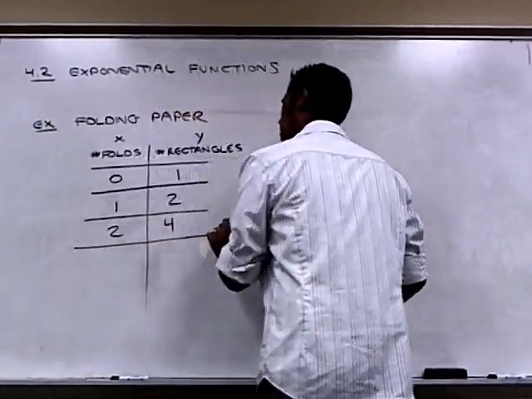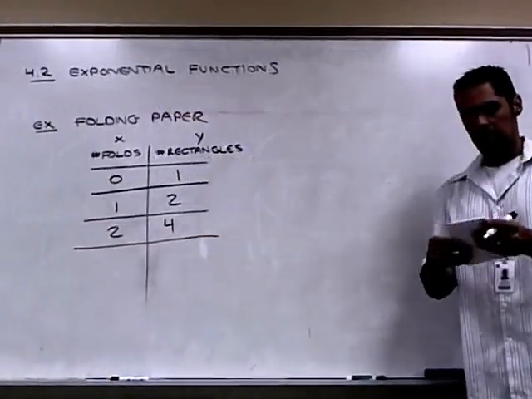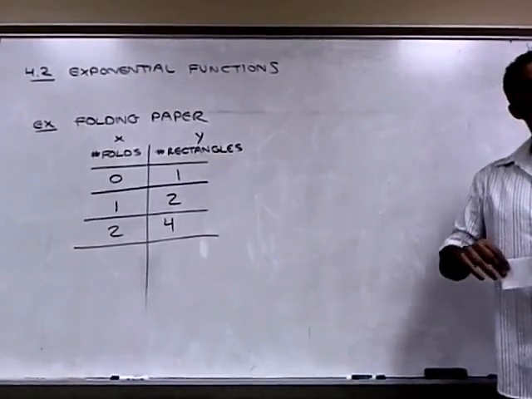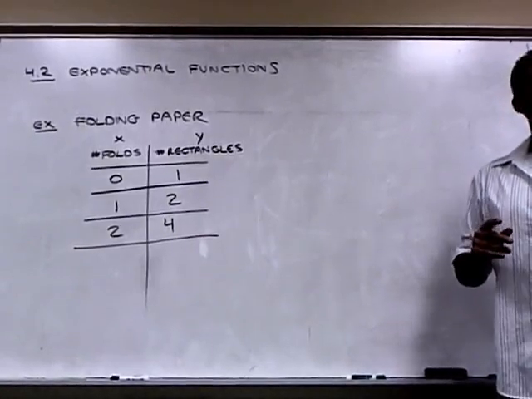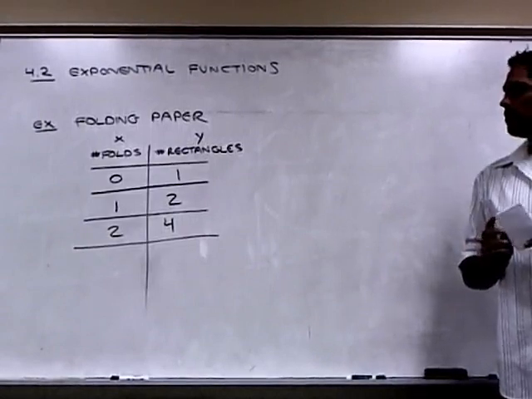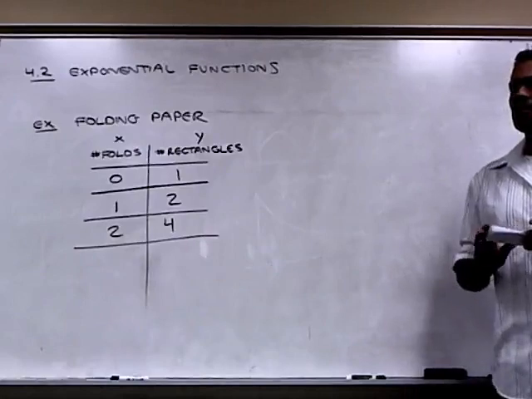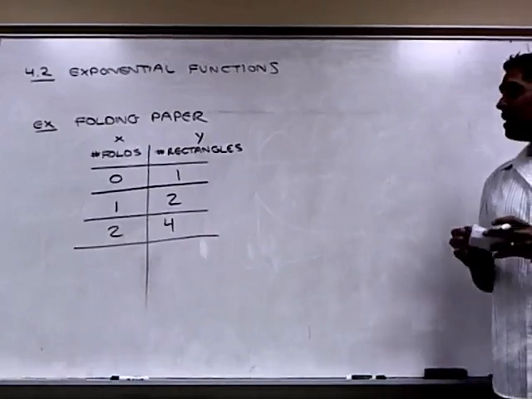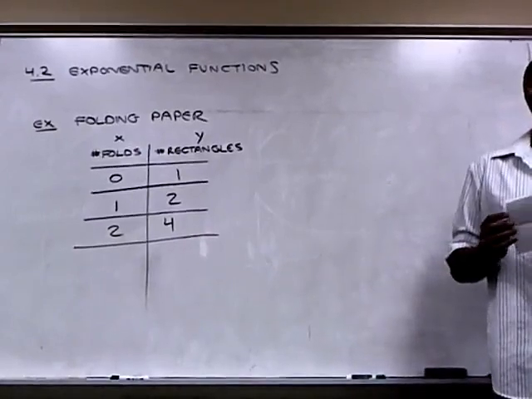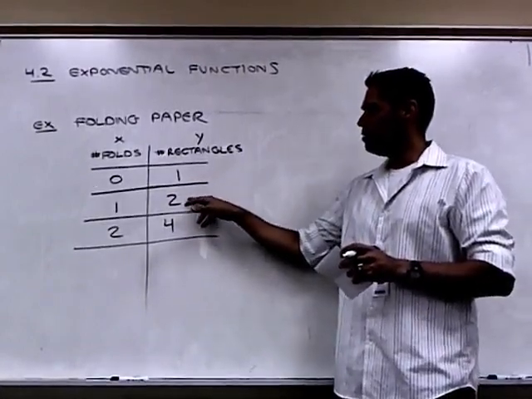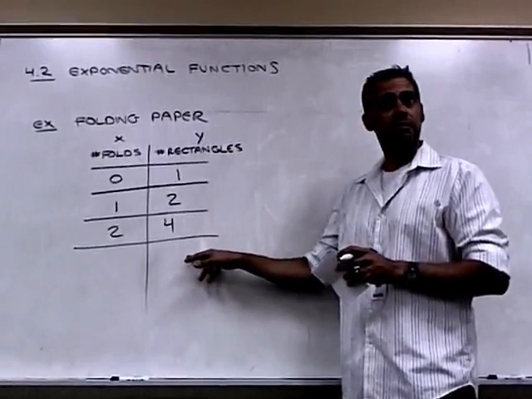How many rectangles will I get if I fold it 3 times? What do you think? The most common answers I hear are 6 and 8, right? So there's a pattern here. It looks like 2 and then 4 and then maybe 6, right?